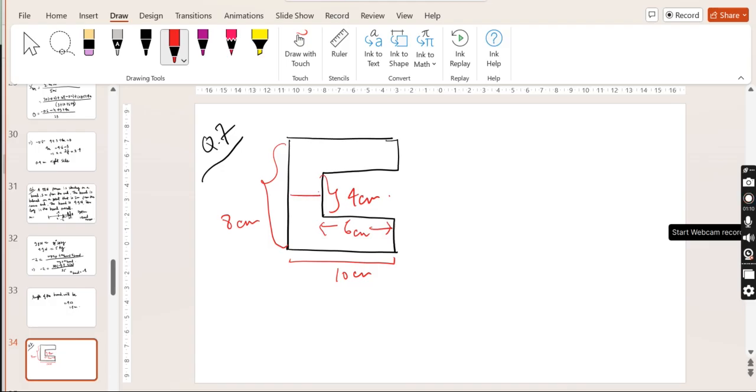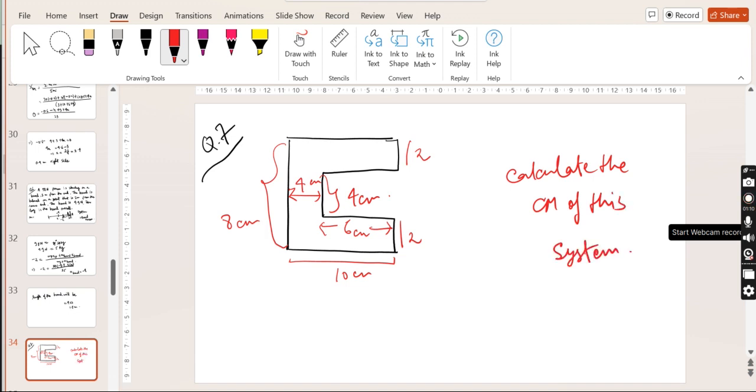That means this is 4, this is 2, this is 2. Okay. Now calculate the center of mass of this system.